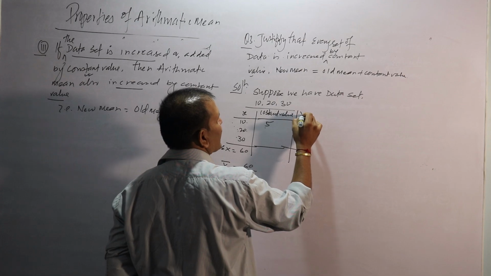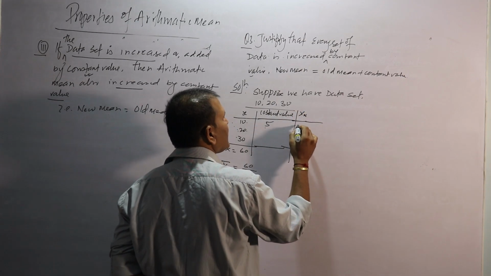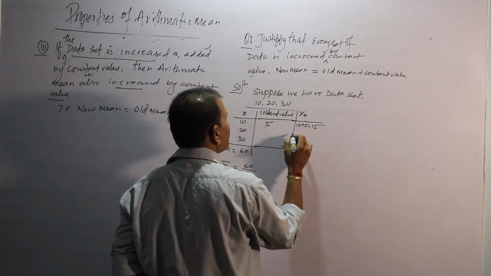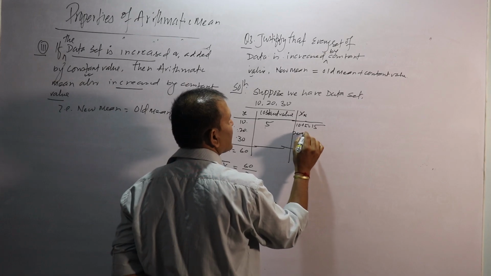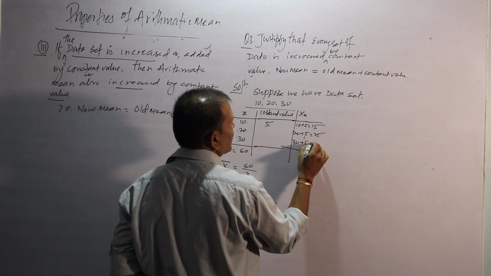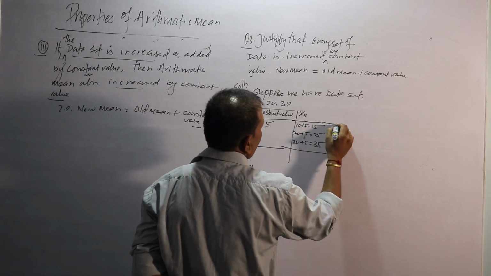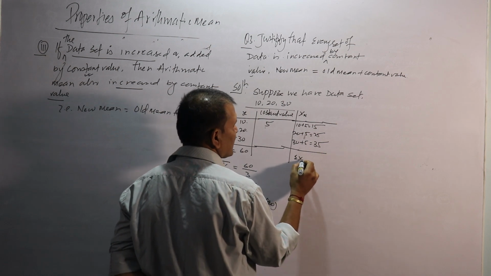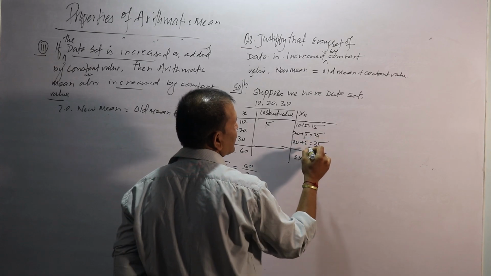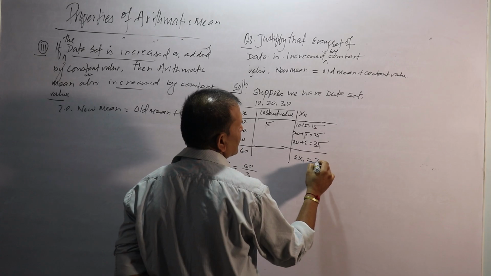The new data set is equal to 10 plus 5, 15, 20 plus 5, 25, and 30 plus 5, 35. So now we have to calculate summation x: 15 plus 25 is 40, plus 35 is 75.